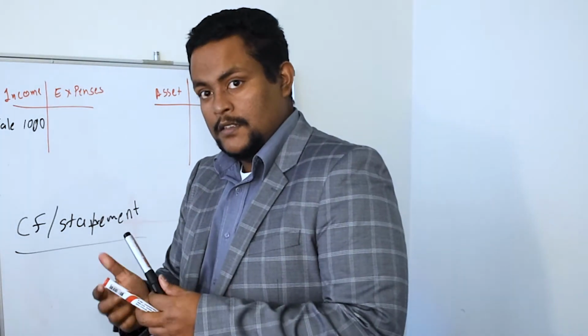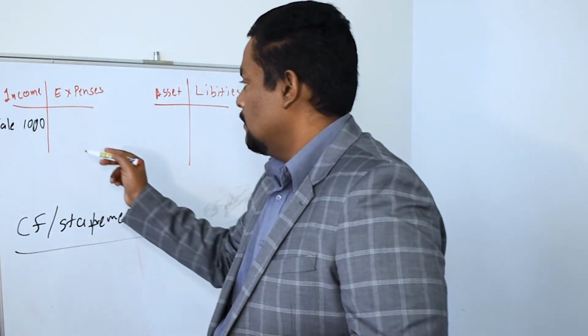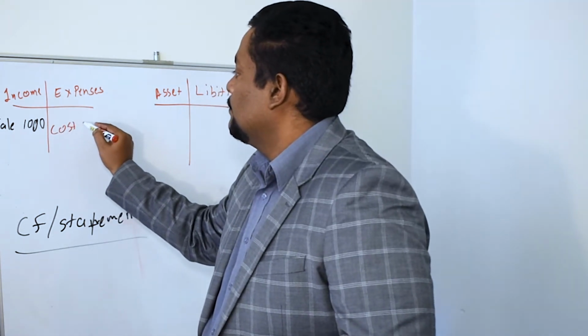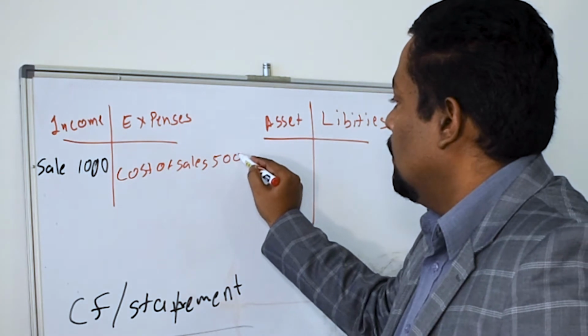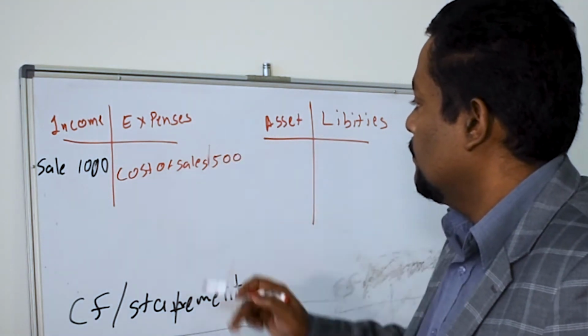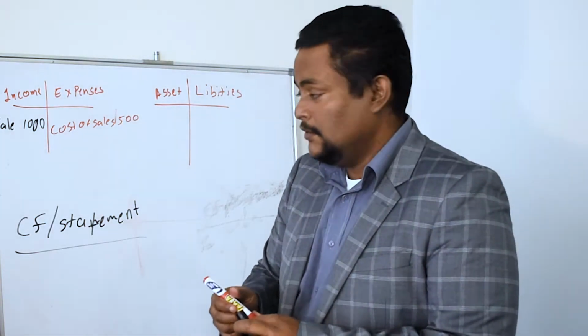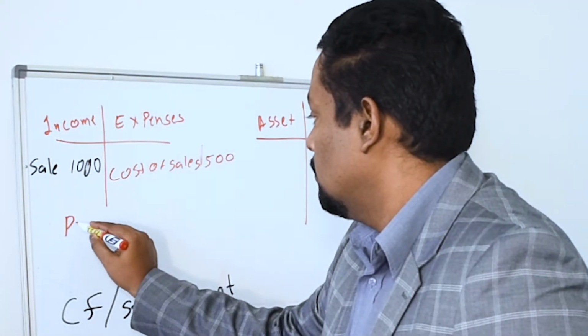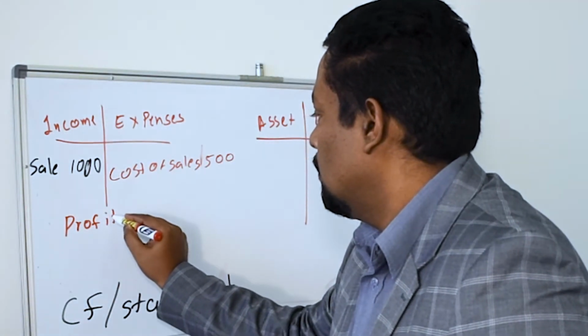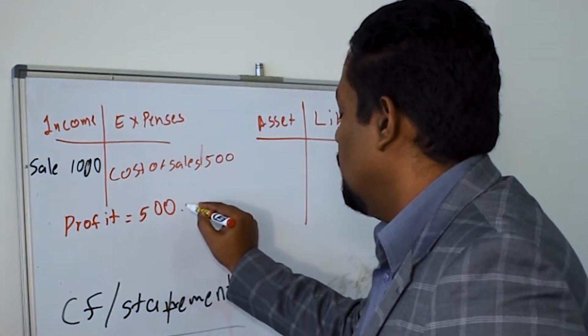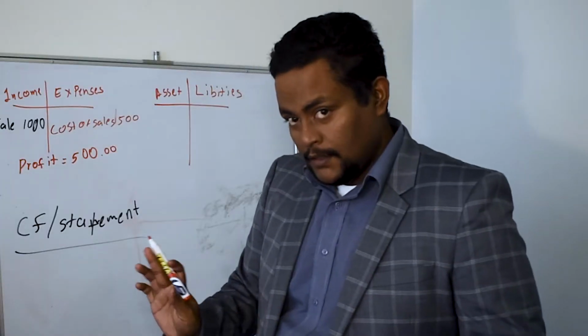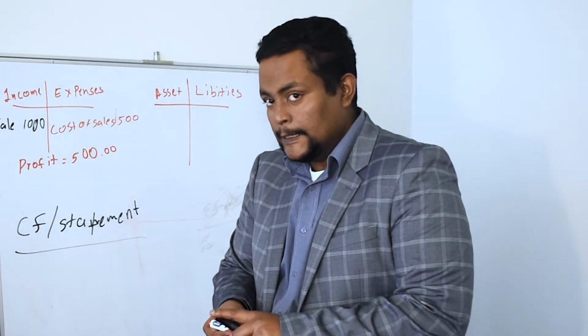And then cost of sales is 500. So his profit is 500. Alright, okay.